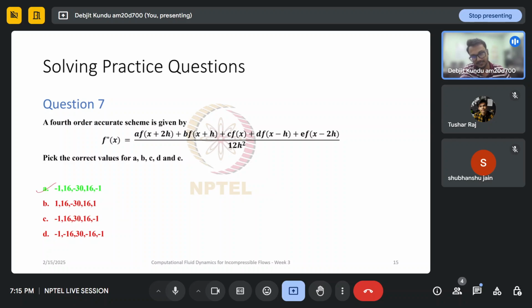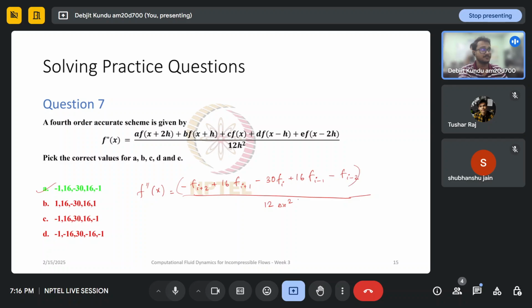And if you use Taylor series expansion and everything and put in a lot of hard work, sweat and tears, then also you will find ultimately that this will boil down to (−f_{i+2} + 16f_{i+1} − 30f_i + 16f_{i−1} − f_{i−2}) divided by 12 Δx squared.